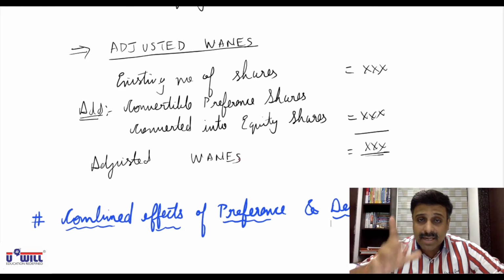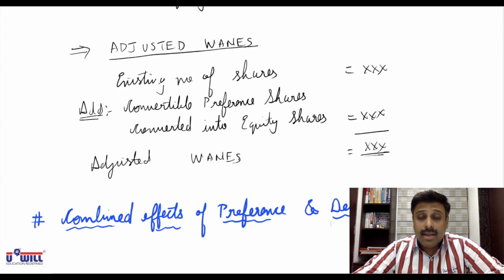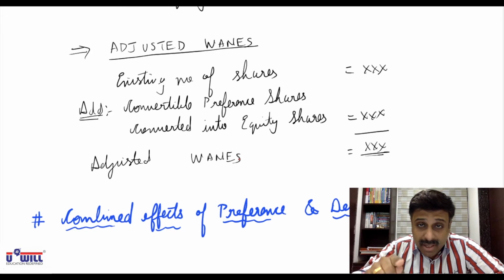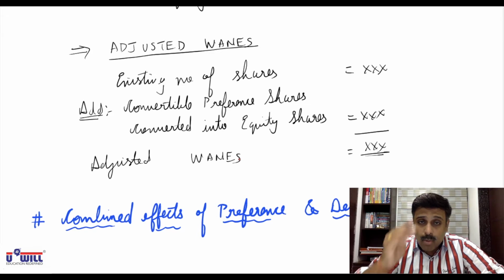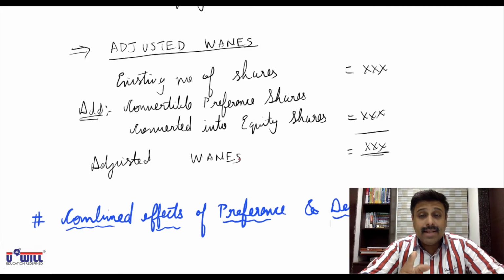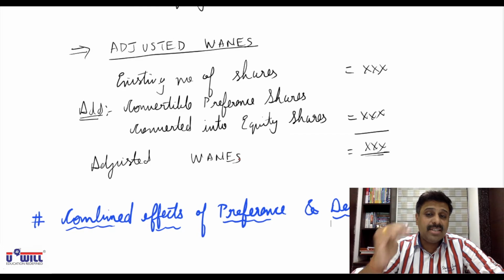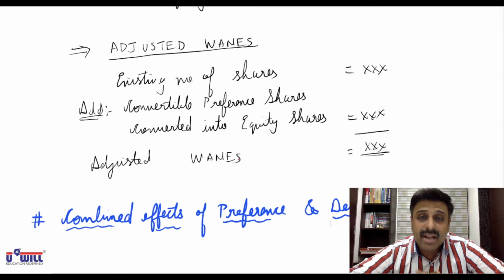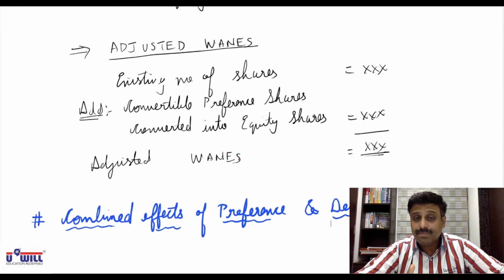Keep one thing in mind: the Institute of Chartered Accountants starts thinking where you stop thinking. Where your mind stops working, their mind starts working. So practically imagine preference shares and debentures won't be converted into equity shares at the same point of time.